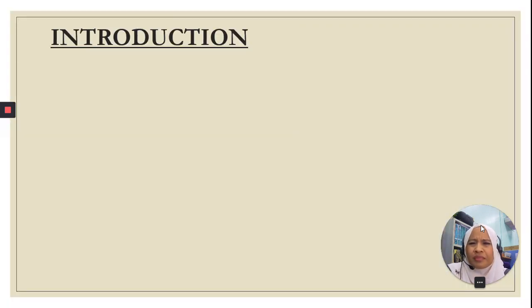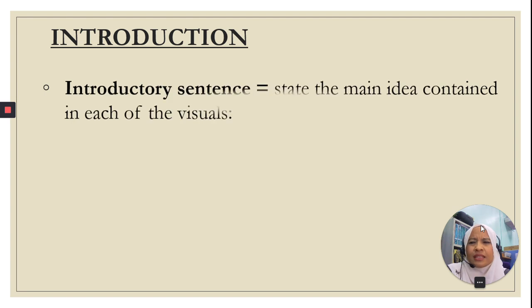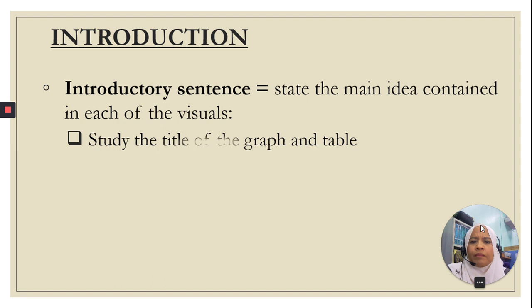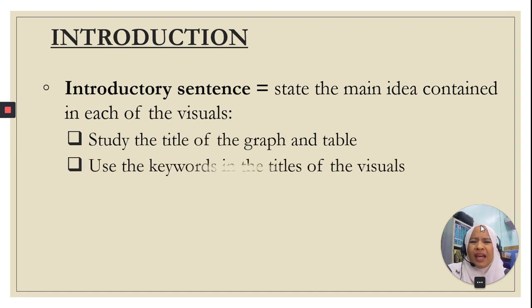Now, the introductory sentence is basically one sentence that states the main idea contained in each of the visuals. Let's have a look at an example later on. What we do first is study the title of the graph and the table, if the question gives you both.